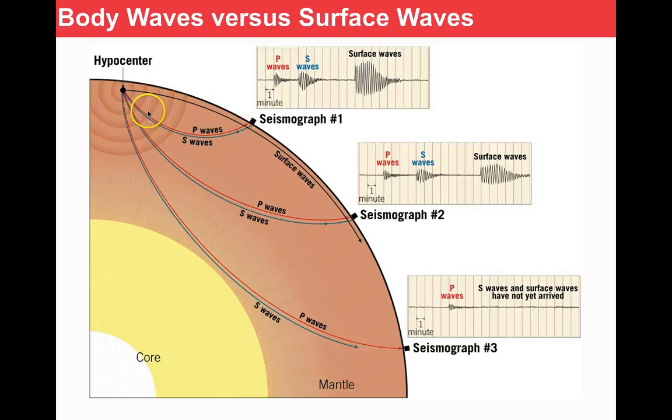You might be asking yourself, why do they draw these arrows as curves? And the reason why we draw these arrows as curves, and we haven't really talked about this a whole lot in terms of wave behavior, is that in physics we understand that when waves enter areas of higher density, they tend to refract, and that's the reason why you get rainbows and so on forming on Earth and in our atmosphere, because of different densities: you've got water droplets in the air, and it basically refracts light.